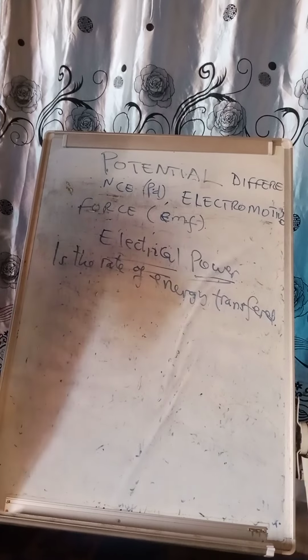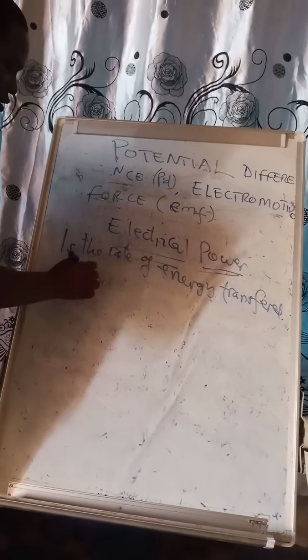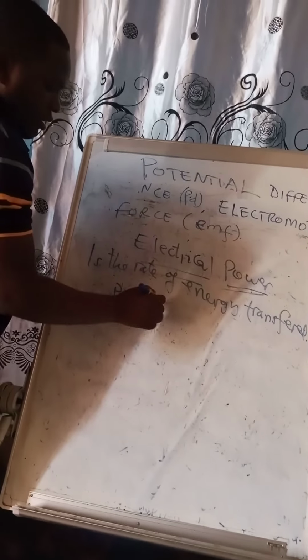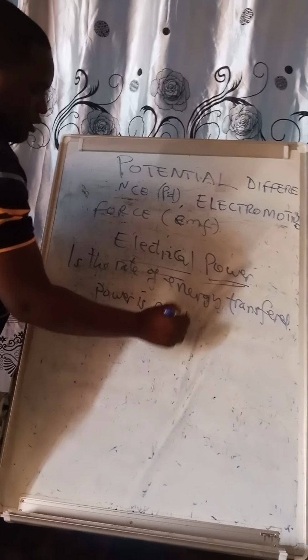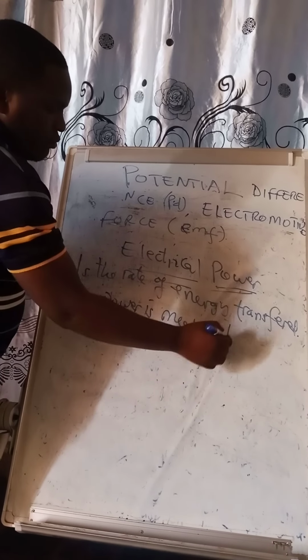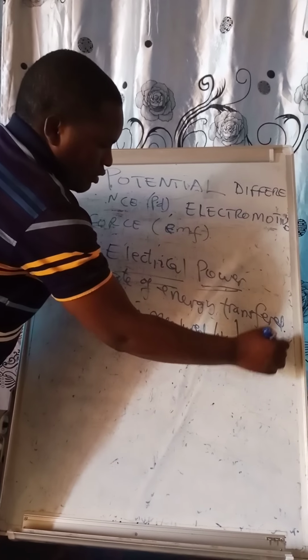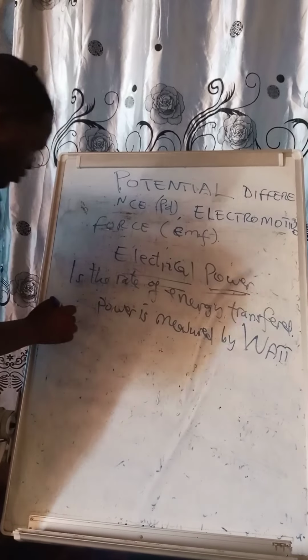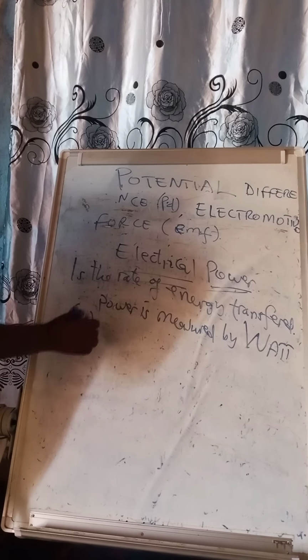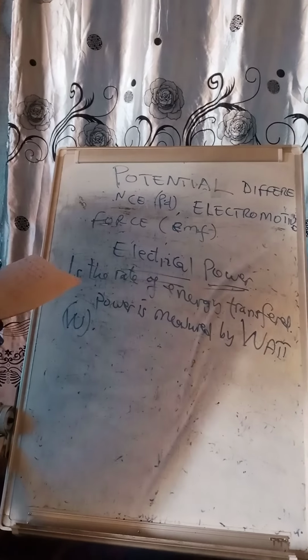So power is measured by what? Power is measured by watt, or W.